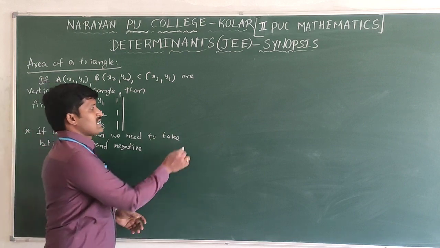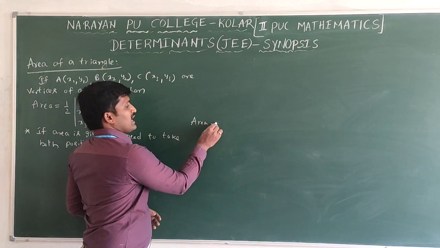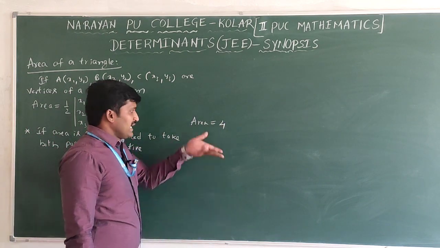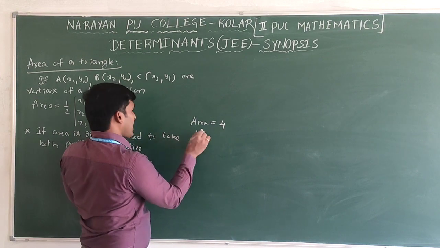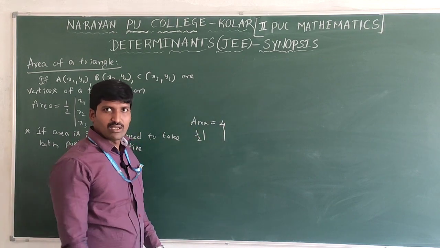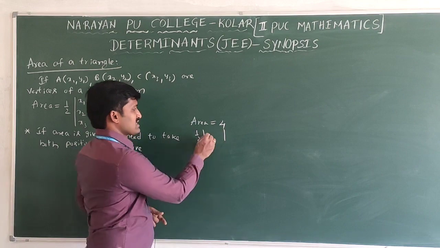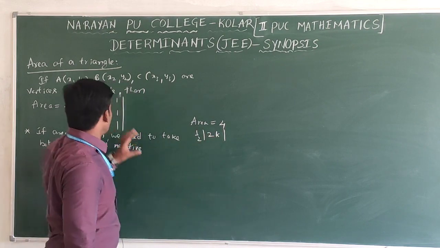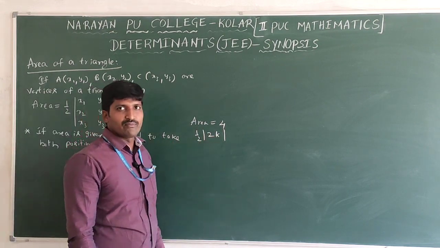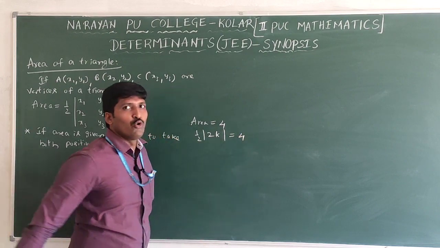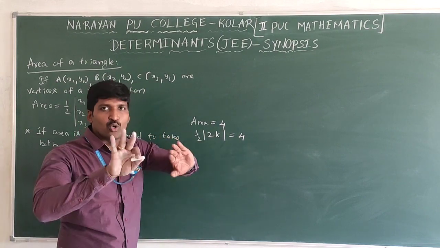Reason, for example, area given, say area is 4. Area given means, actually after expanding we get some modulus. Modulus of some value will come. For example, mod of 2k. So total value we got, mod 2k equal to 4, where k is an unknown value.